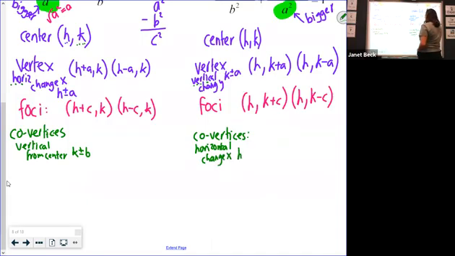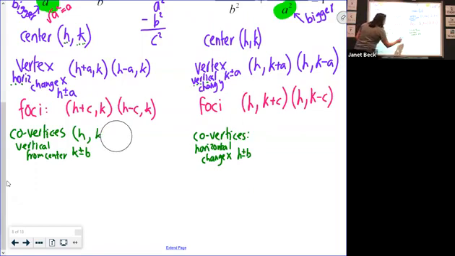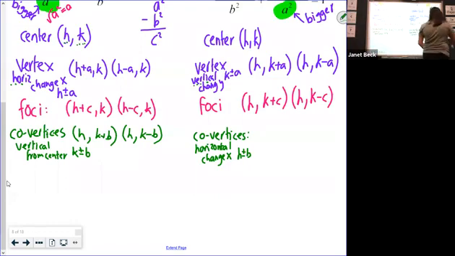So you're going to get the H, and you're going to add and subtract B. So these ones will be, we're changing the Y. So this will be the same as in the center, different to the foci vertices. One will be H plus B, K. And the other one will be H minus B, K. For a vertical one, we're not going to change the K, we're going to change the H, the X coordinate.